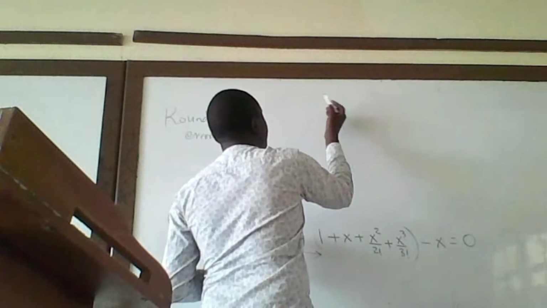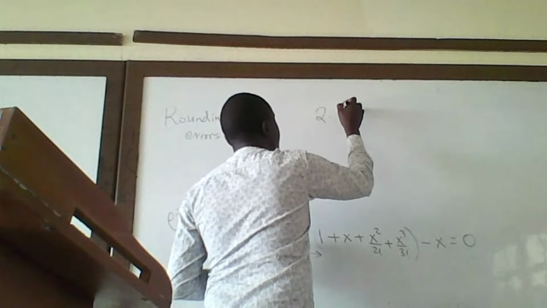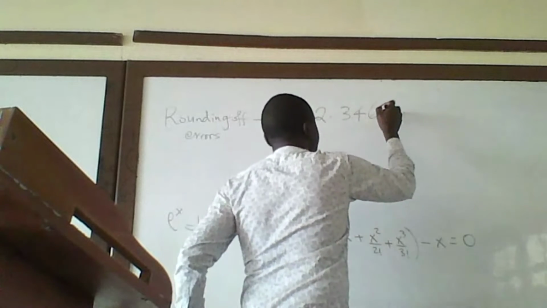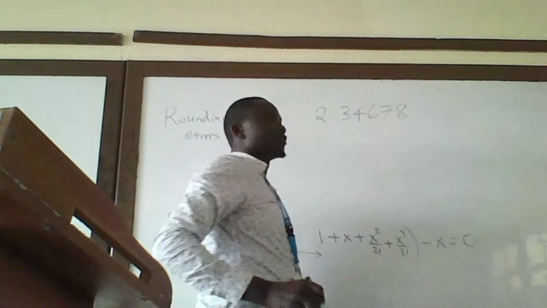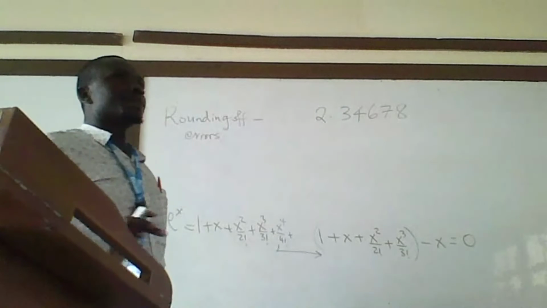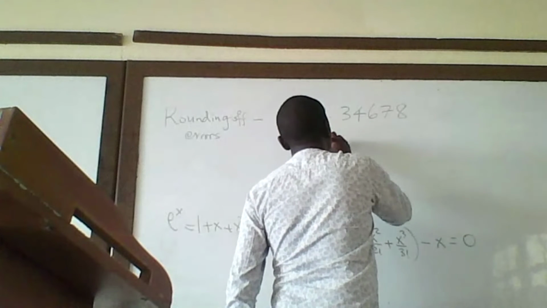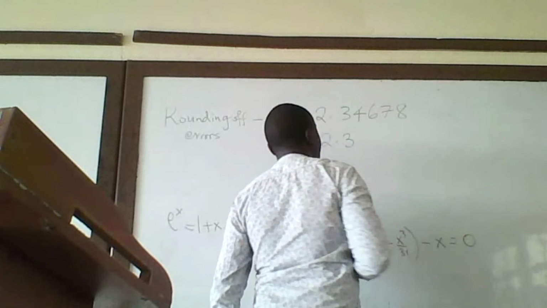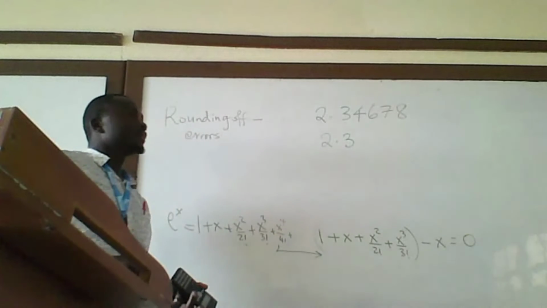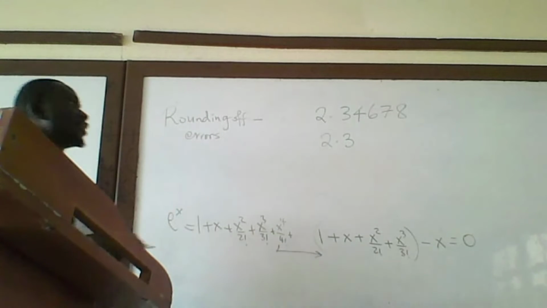E.g., instead of using 2.34678, so this is a number we have, if we use 2.3, then the rounding off error is it.